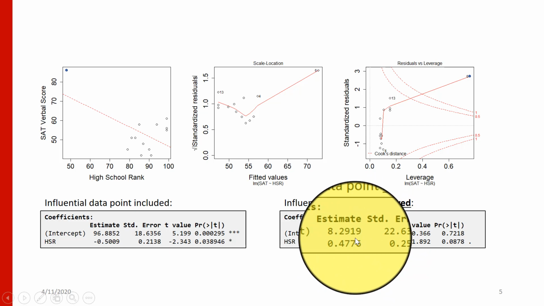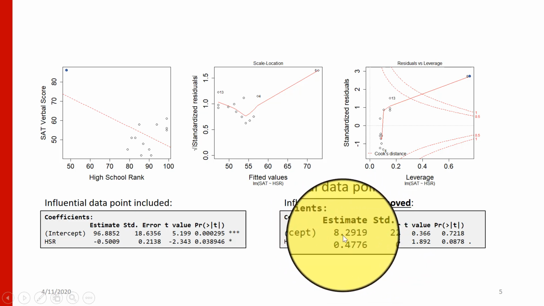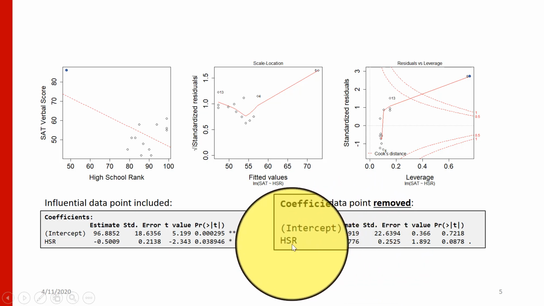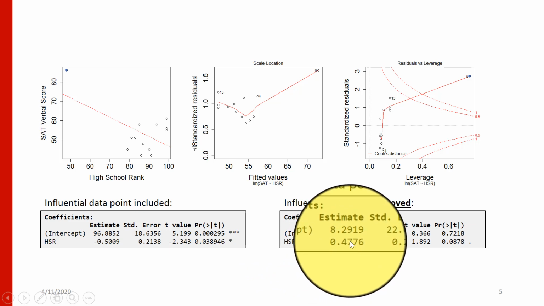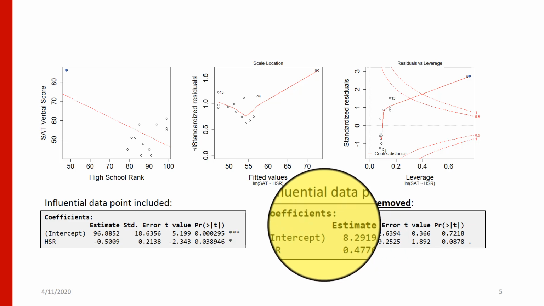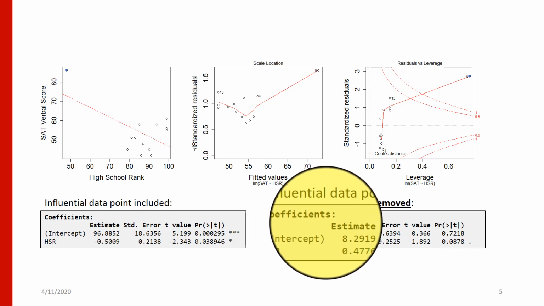So with that data point removed, we go down to an intercept of 8.3 and a slope of positive 0.48. So the direction and the magnitude of the slope entirely flip. The intercept goes down by about 90 points. We get a very, very different looking model when this one data point is removed.